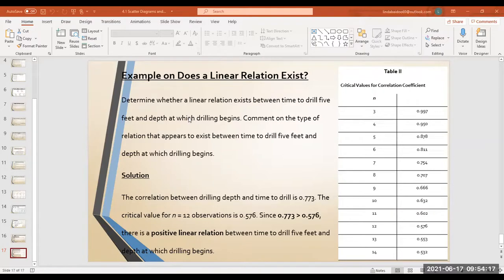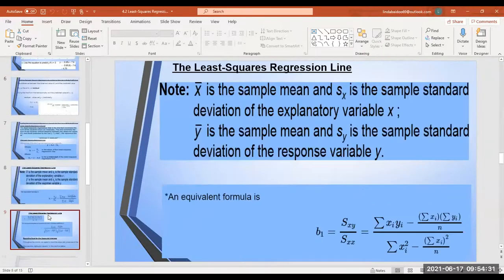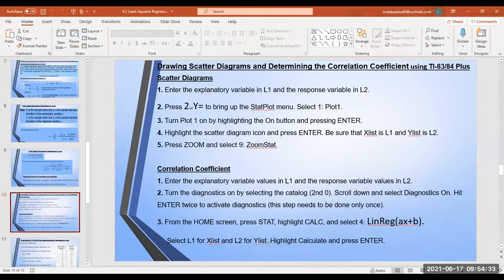This is already on Canvas, so you can look at it later. Let me go straight to how you can find R. This is what we'll be using to find R, and also what we'll be doing in 4.2.